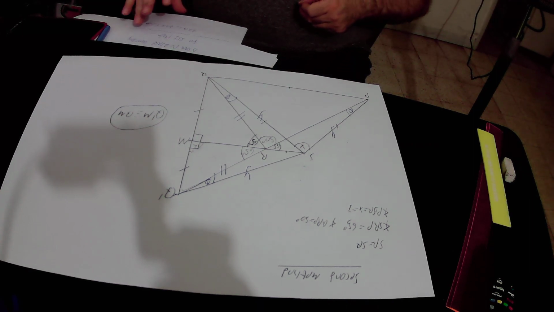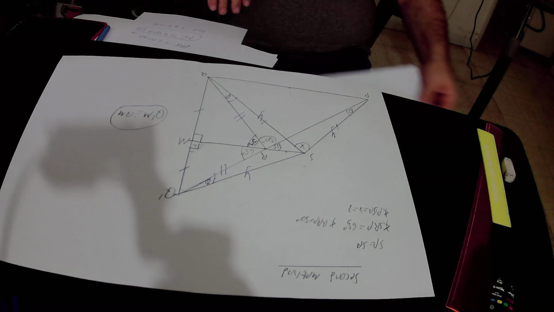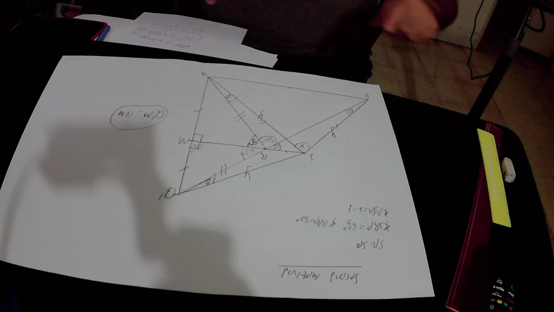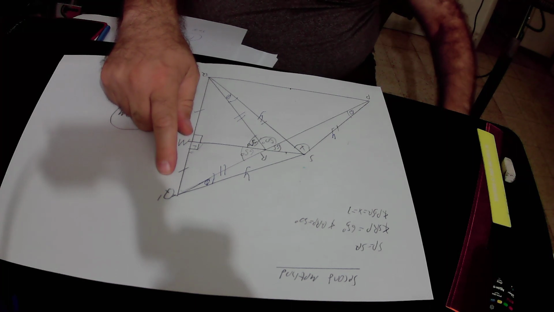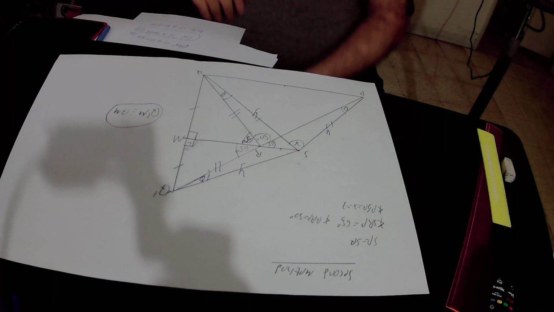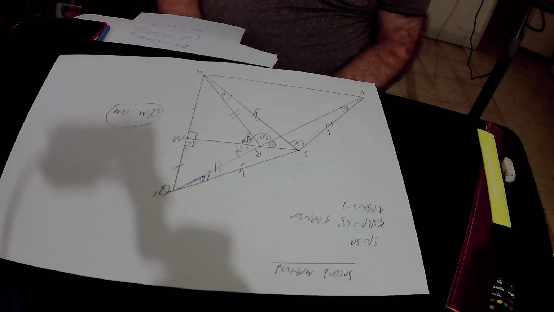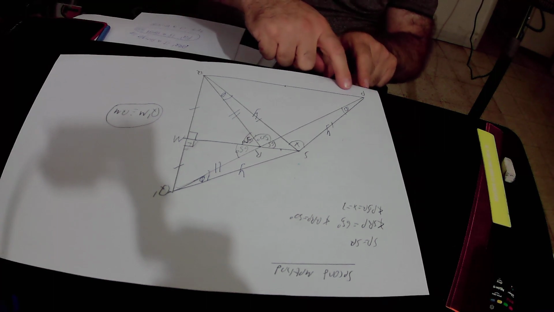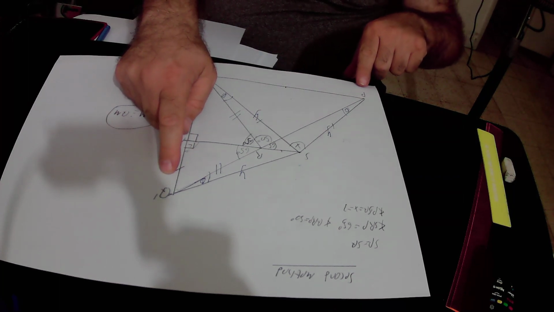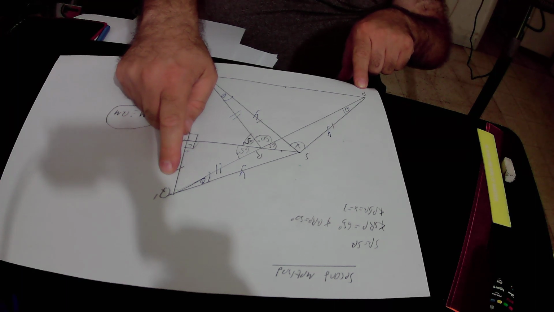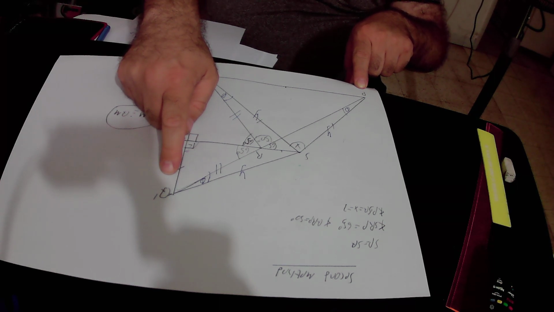Okay, so in the next step we proved that line segment PQ dash is a straight line. We proved it by proving that angle PRQ dash, if you look from the bottom side, equals 180 degrees.